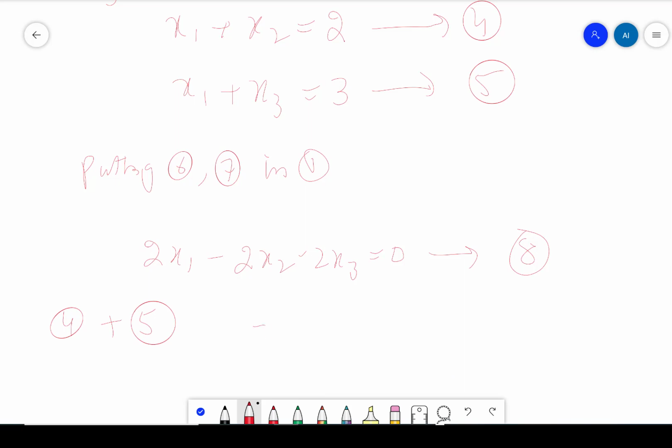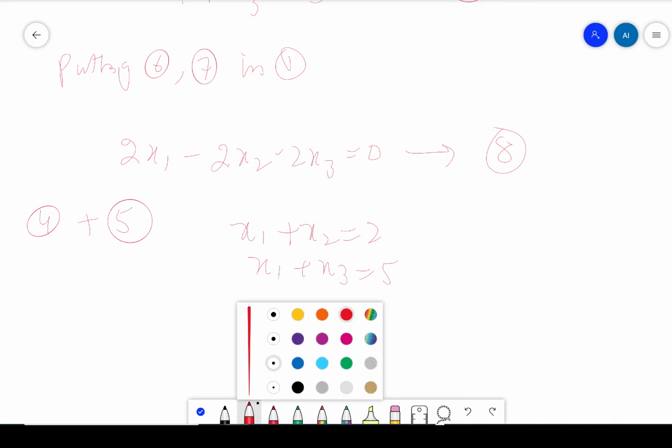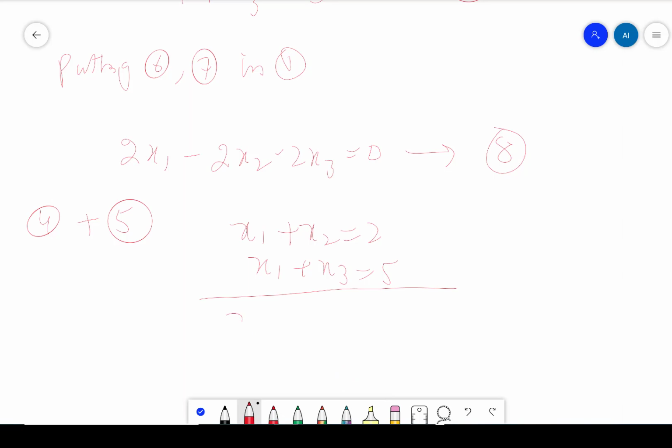So it becomes x1 plus x2 is equal to 2, x1 plus x3 is equal to 3, which makes 2x1 plus x2 plus x3 is equal to 5. So let's say this is equation number 9.